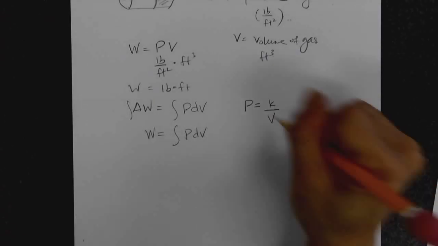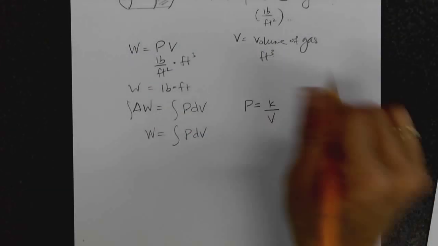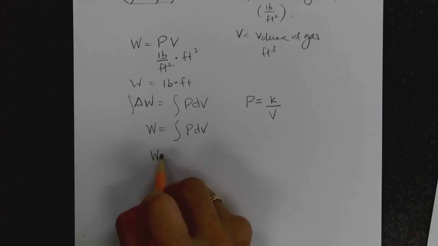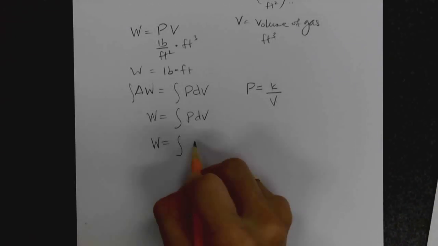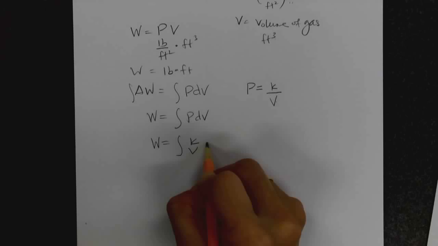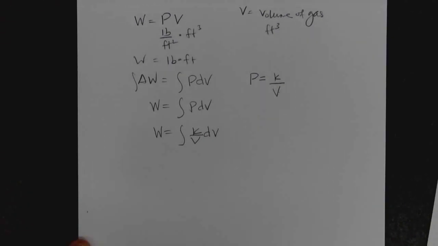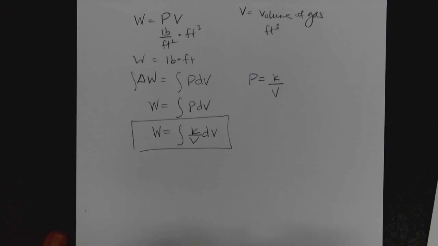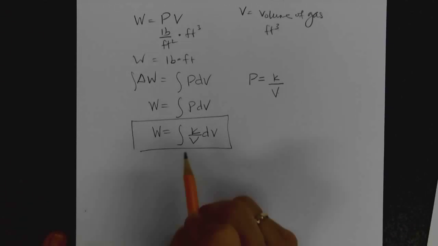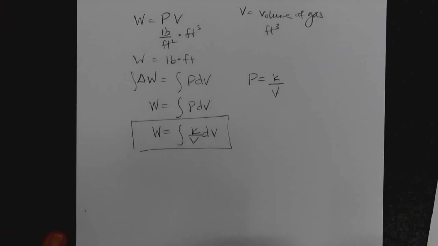Decreases, right? Because it's inversely proportional. Makes sense? So if I rewrite this, work of an expanding gas would be the integral of K over V times dV. This is the equation you want to use to find the work done by the expanding gas. So this is a very simple equation, okay?